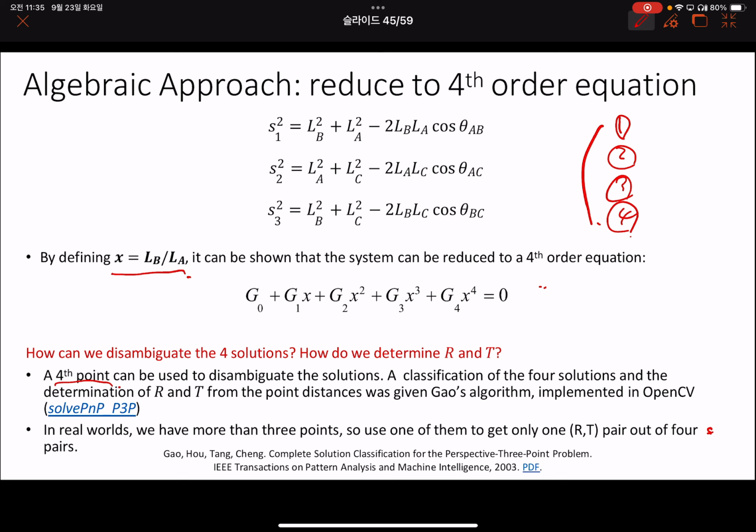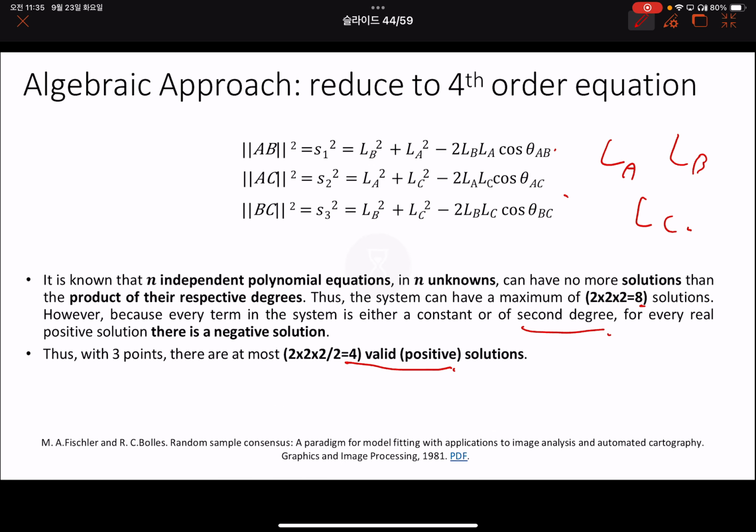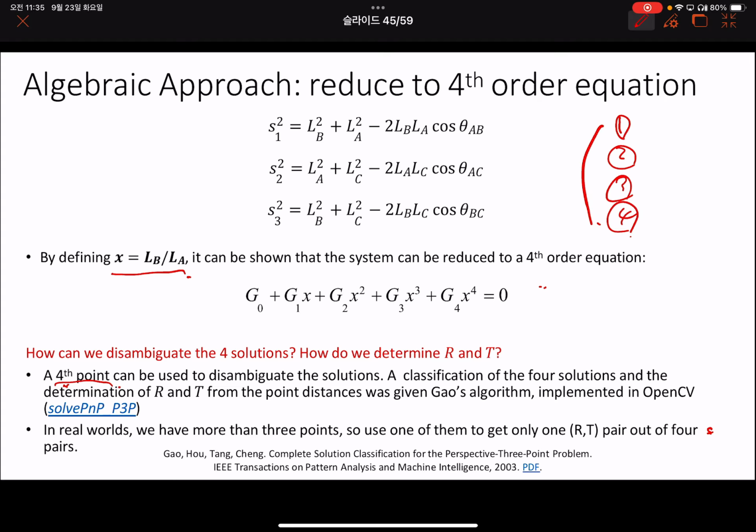Out of these 4 candidates, we only had 3 points, but we introduced an additional 4th point to get a unique R and T out of these 4 solutions. There are many 3s and 4s, but each is different. Initially, we have 3 points, so we have 4 possible solutions. Out of these, we introduce the 4th point to get the unique, best R and T.